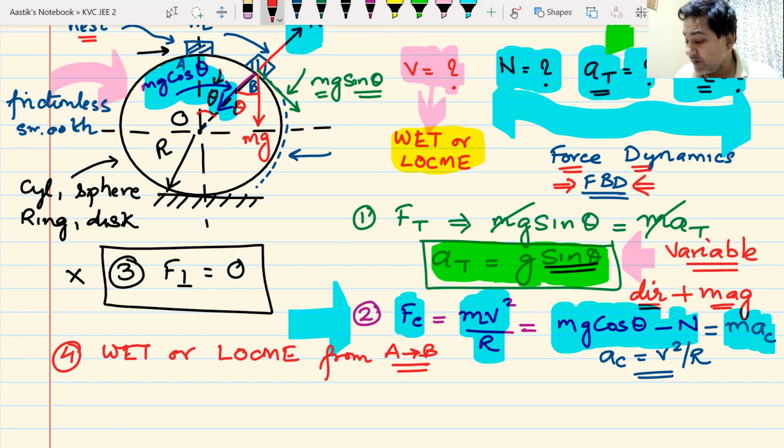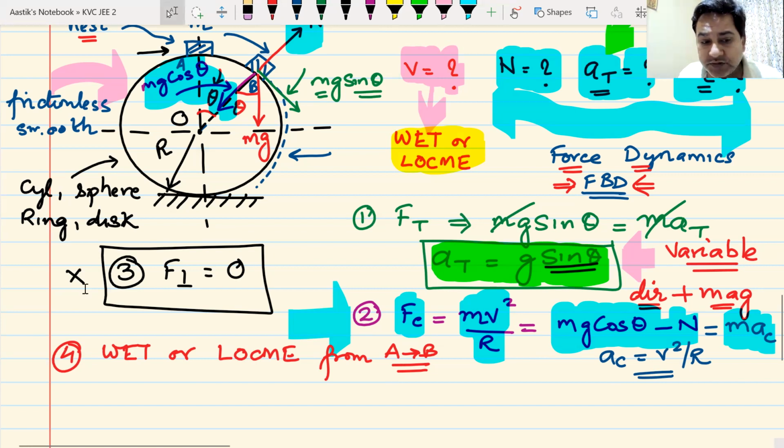That is my fourth equation. Now, how will I apply it? I will tell you how it is applied so that you have an idea of doing it.